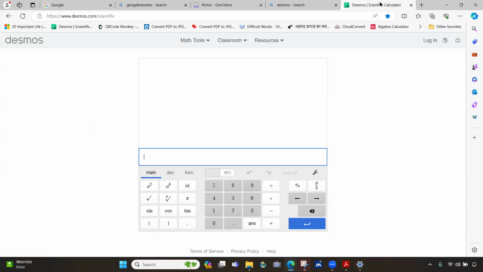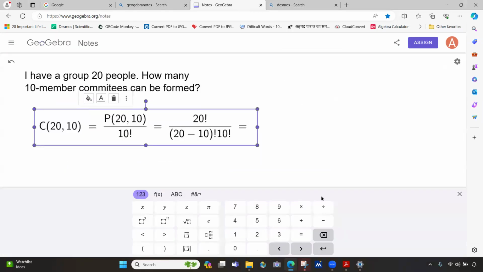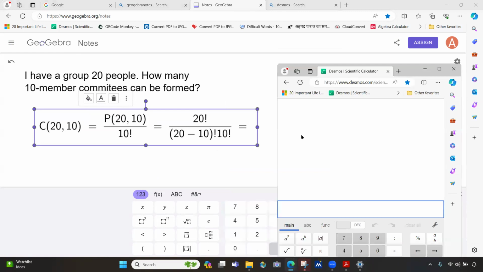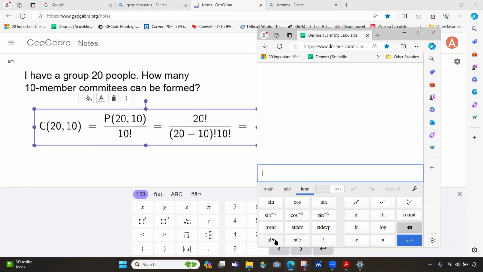Most calculators, I'm using Desmos here, will have permutation and combination buttons. So here, if you go to functions, you have NPR. We are writing it in a different format.